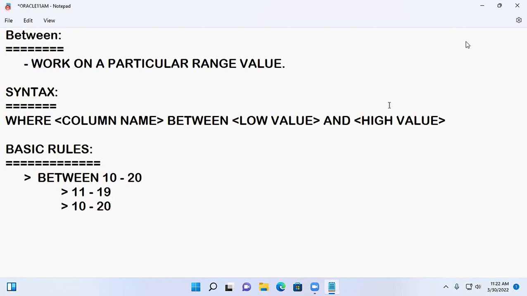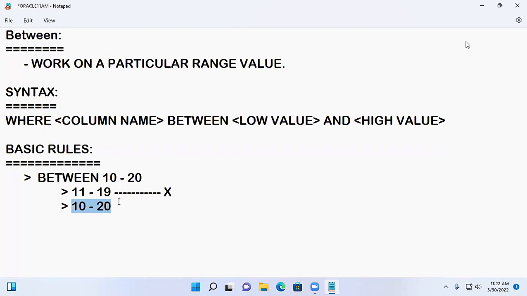11 to 19. Everyone is expecting 11 to 19, but that is wrong. The BETWEEN operator returns the values including the source and destination values. So 11 to 19 is the wrong answer, and the answer is 10 to 20.